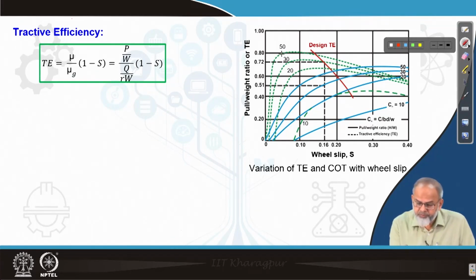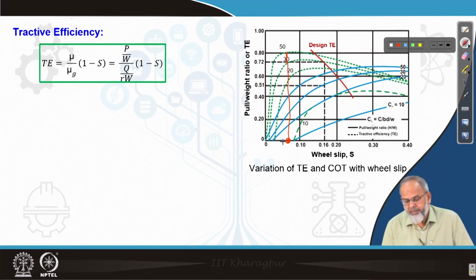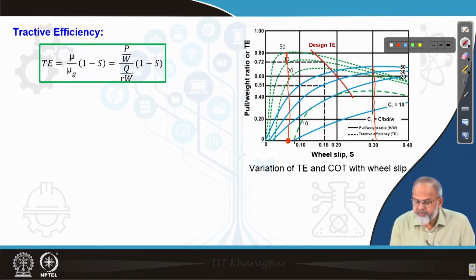If I draw a line, suppose at wheel numeric of 50, this is the maximum tractive efficiency we are getting. So this corresponds to a wheel slip of say around 8%. Now the maximum pull which you are getting is from this point only, 30%. So there is a difference. The slip at which you are getting maximum tractive efficiency and the slip at which you are getting maximum pull.